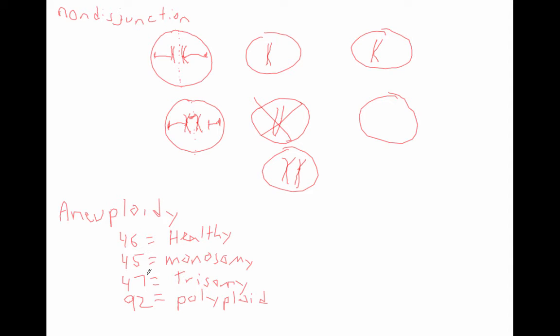If they have an extra chromosome, they're called a trisomy. 92, a polyploid. Now, I should say, in humans, there's no such thing as a living polyploid. These all die at birth or before birth. A monosomy. In humans, we only see a monosomy with the X chromosome, and that's an XO individual, where they have 1 X chromosome and no other sex chromosome. And this syndrome is called Turner syndrome.